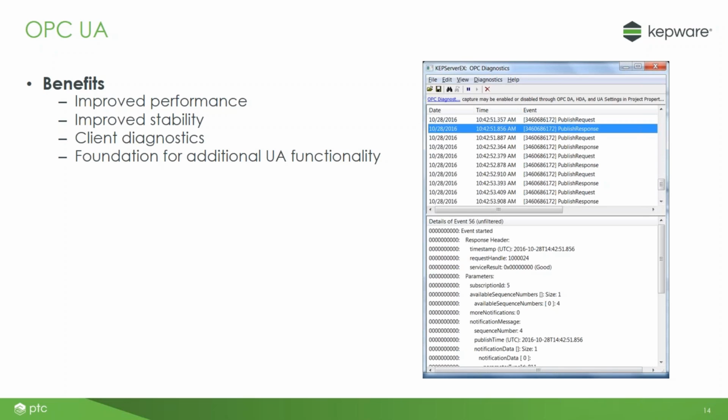They use our OPC server, and of course we can tunnel between two different KEPServer instances using OPC UA. So we improved the performance, we improved the stability, and we provided awesome access to diagnostics that will really provide a much richer environment for customers who need to troubleshoot challenges and build on a solid foundation for future functionality.